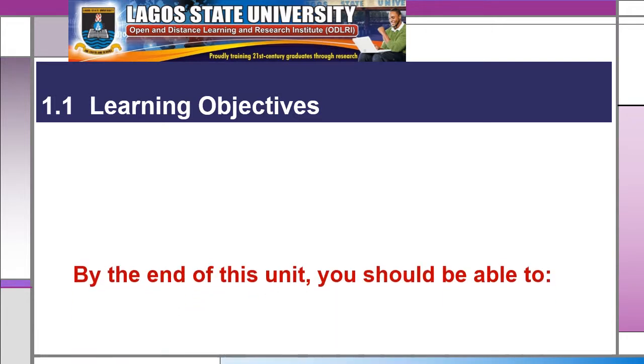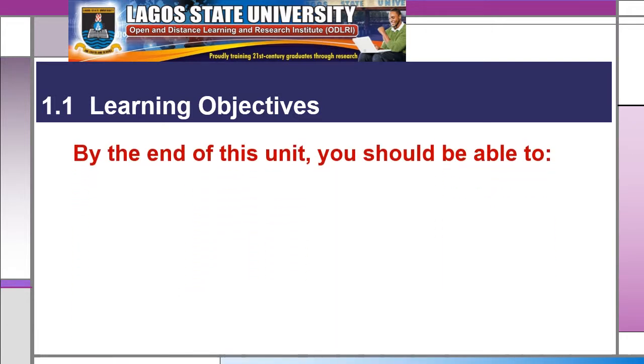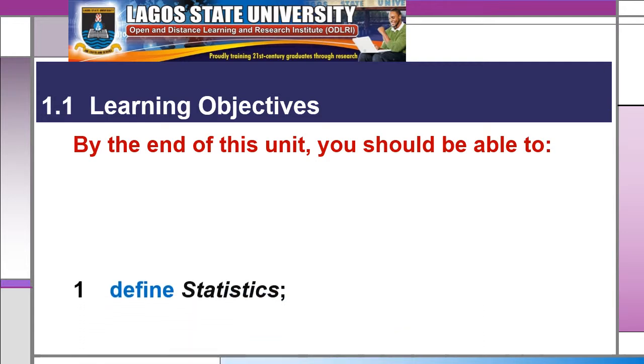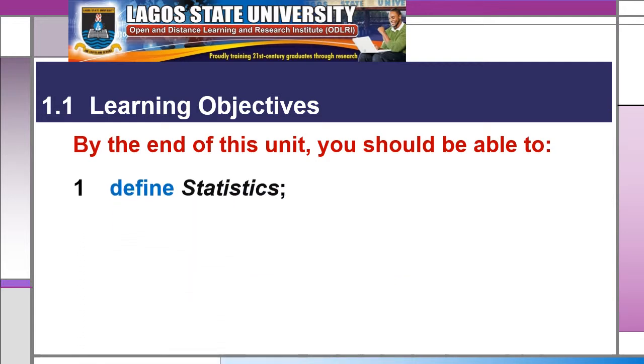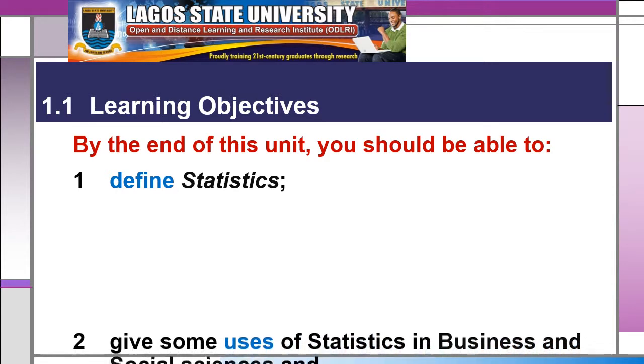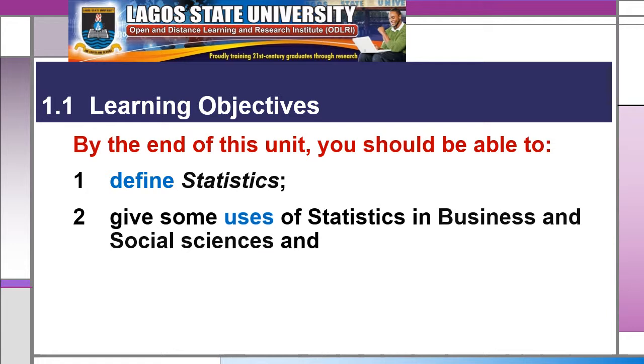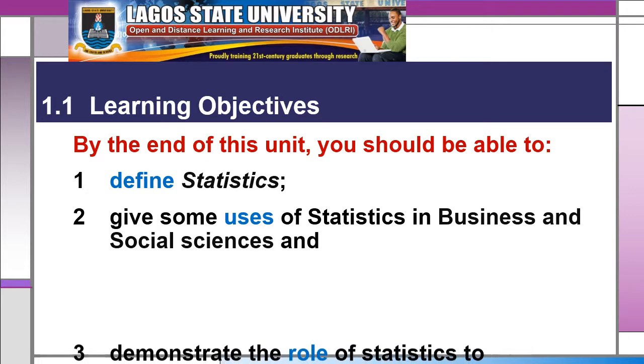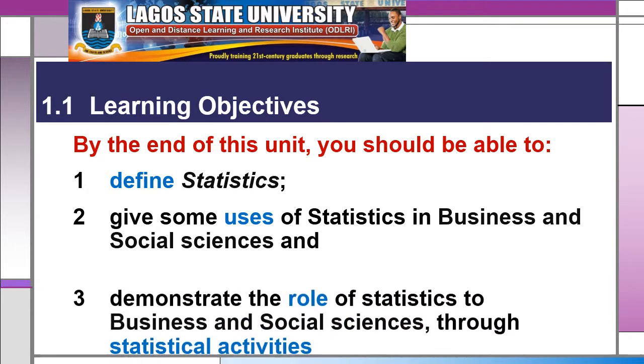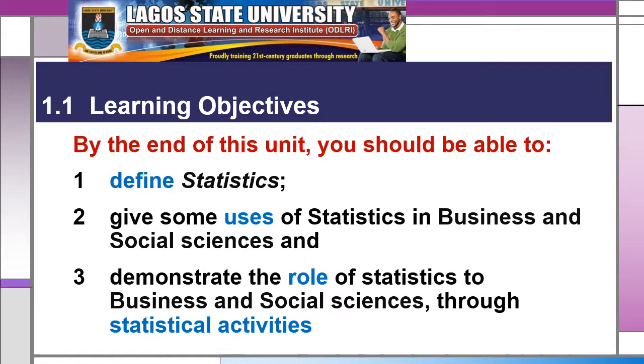By the end of this unit, you should be able to define statistics. Another objective is to give some uses of statistics in business and social sciences. And the third and last objective for this unit is to demonstrate the role of statistics to business and social sciences.